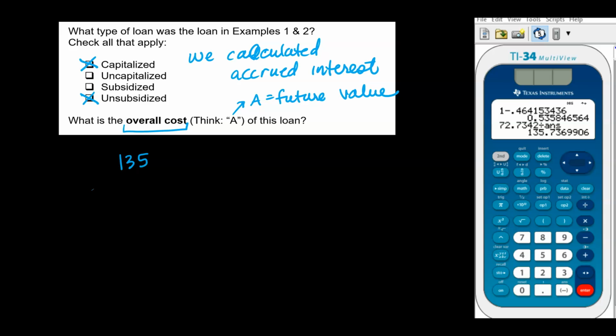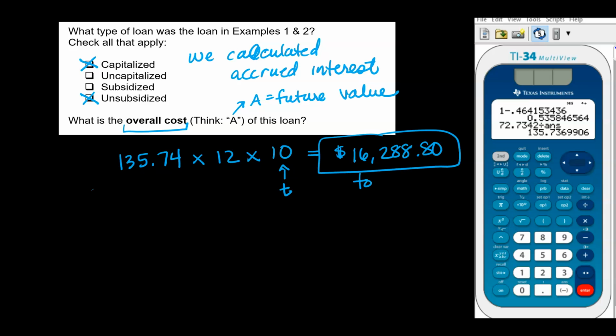So the student pays $135.74, and they pay it 12 months a year for 10 years. And so we're going to multiply. So this is just going to be our term, and we're always going to do times 12 because it's the payment per month. And so if we multiply that out, we get $16,288.80, and that's the total cost of the loan.